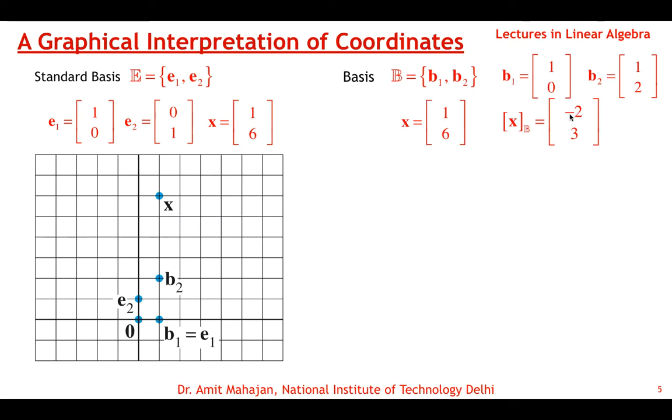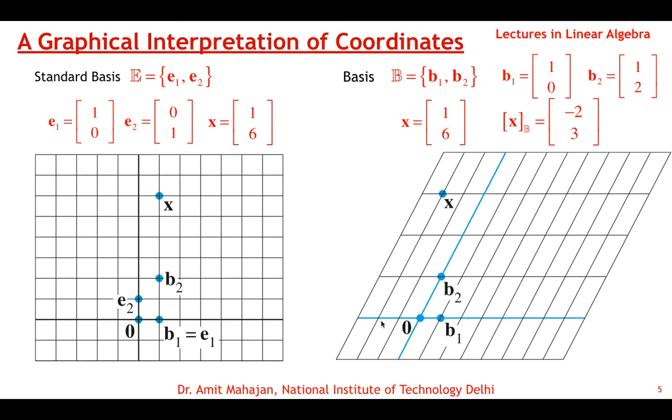So it clearly tells us that if we travel -2 distance along b1 and 3 distance along b2, then we will reach this point x in the plane R2 space. So if your graph is this, where you have the b1 vector which is horizontal and the b2 vector which is slanting, and the R2 space is formed by this graph, then to reach the point x, which is (1, 6), we have to travel -2 distance along b1.